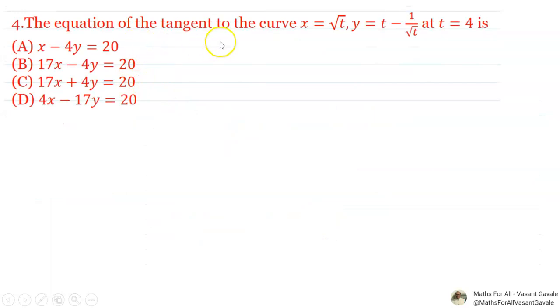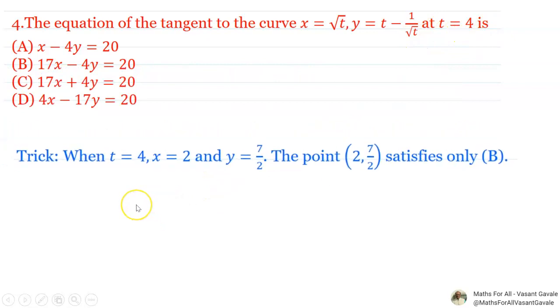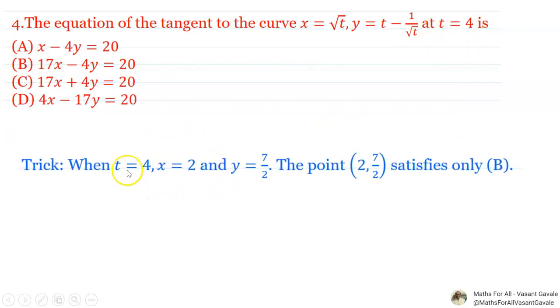Next, the equation of the tangent to the curve x is equals to root t, y is equals to t minus 1 upon root t at t is equals to 4 is. Okay, now here we are going to use a simple trick.